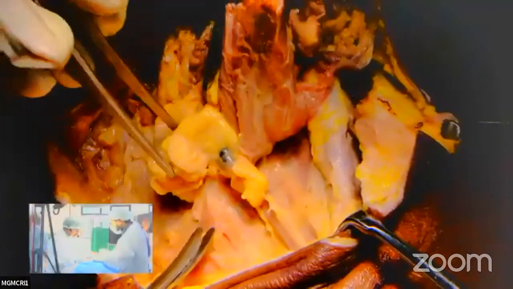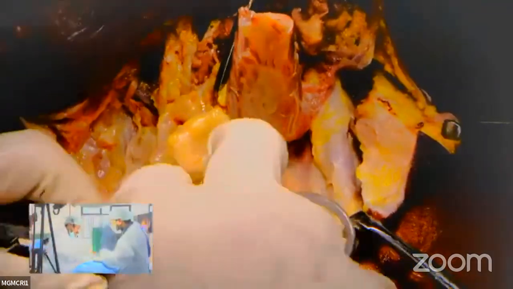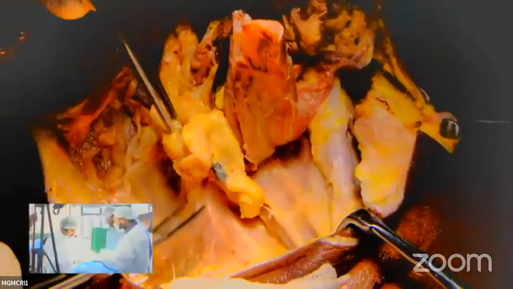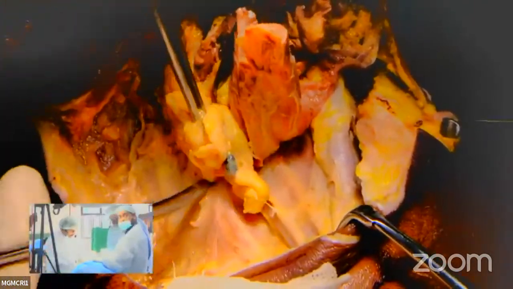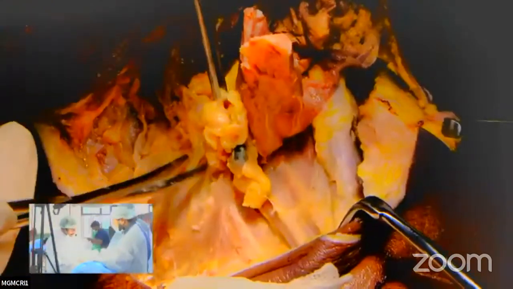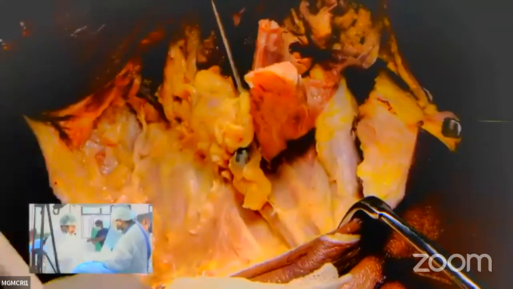We have seen our phrenic nerve here. This is a phrenic nerve. Here in between these two, you'll have your brachial plexus. Now stay superficial. From here, you'll be sacrificing the cutaneous branches and you will preserve the brachial plexus.